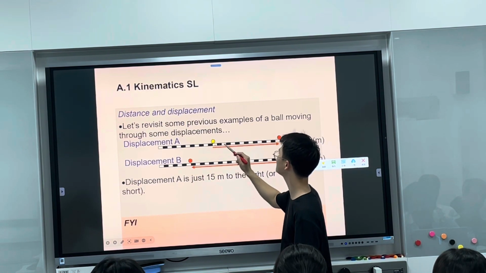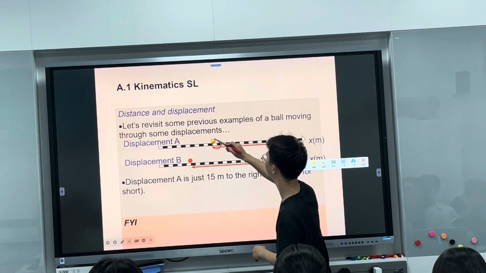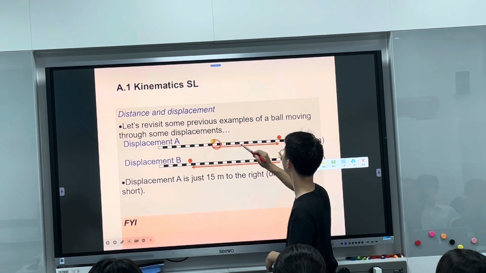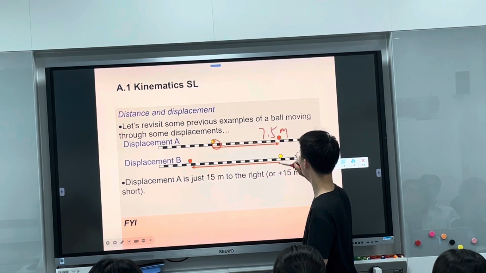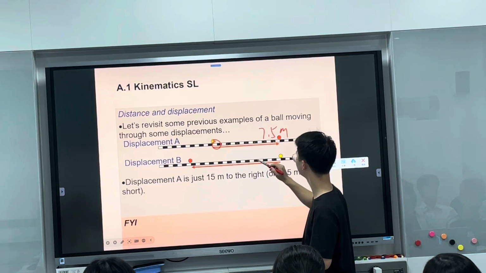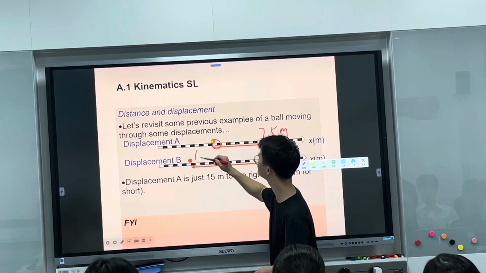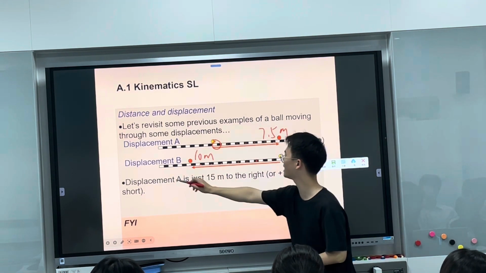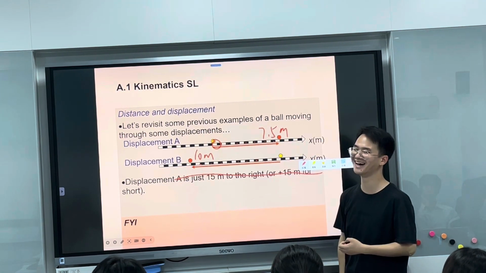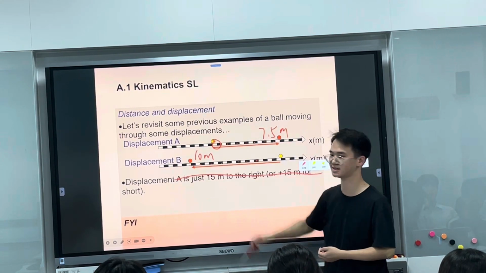So 1, 2, 3, 4, 5, 6, 7, 7.5 meter. And here, 1, 2, 3, 4, 5, 6, 7, 8, 9, 10. 10 meter. So what is the total displacement? What is the total displacement after this?